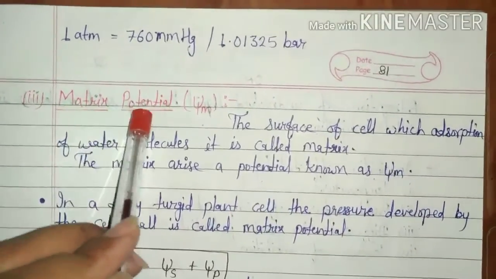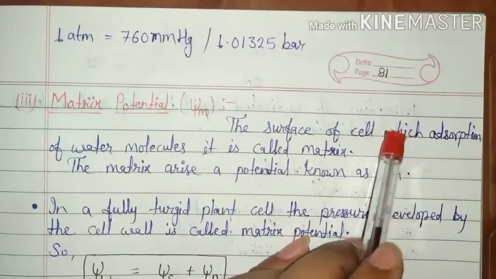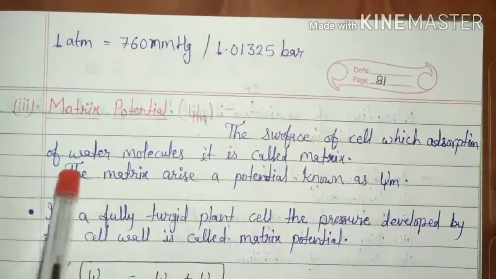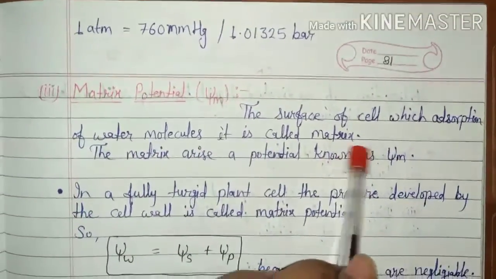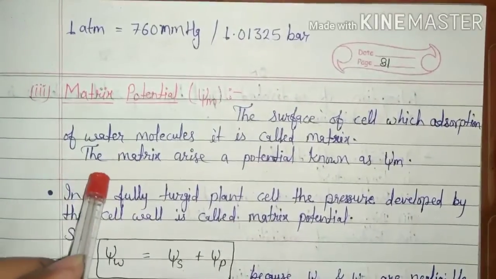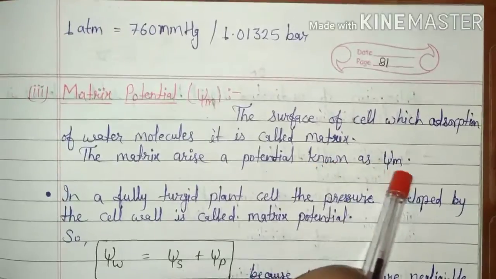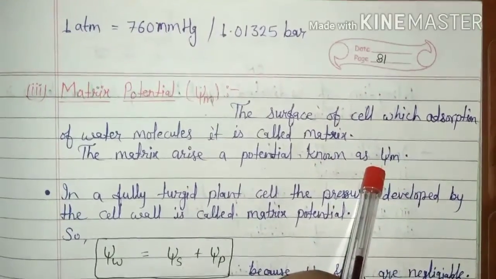Third, matrix potential psi M. The surface of a cell which adsorbs water molecules is called matrix. The matrix gives rise to a potential which is known as matrix potential.